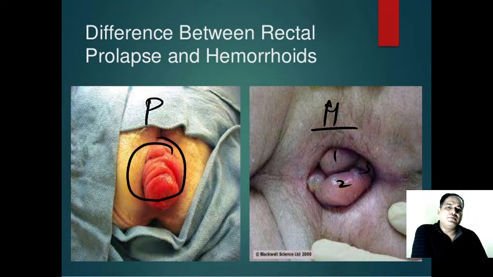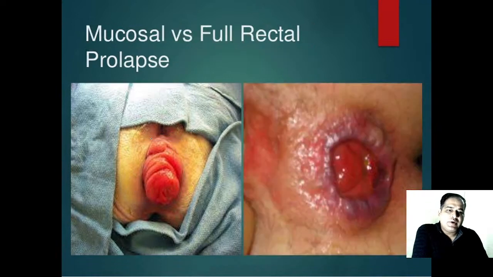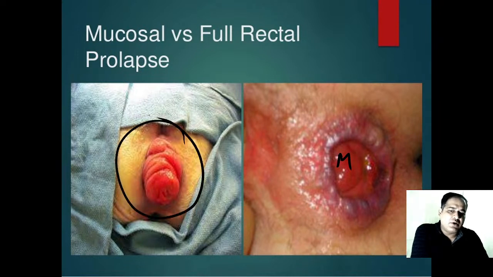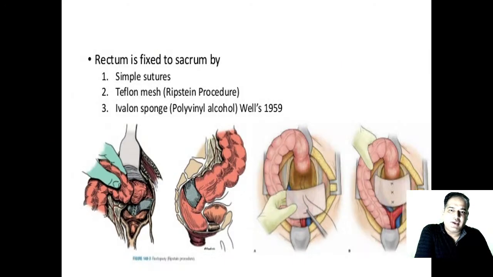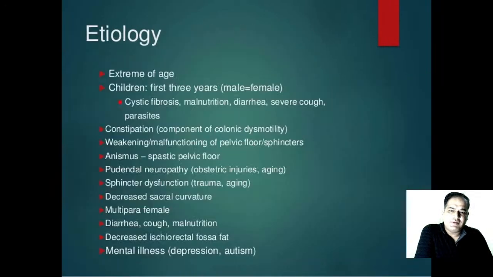Whereas this is all circumferential. Now you can see here that just the mucosa is protruding out, whereas here some of the muscles are also protruding out. It's a very simple thing.